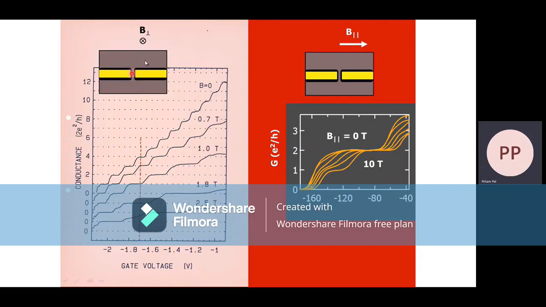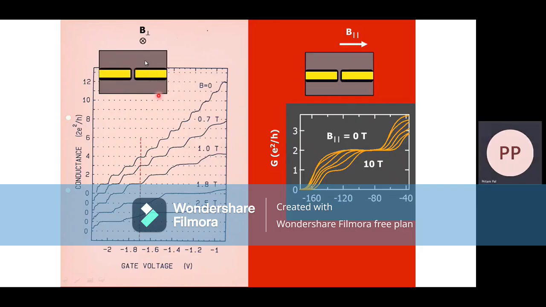It will just keep on going and skipping in circles in some direction, like that. So the likelihood of backscattering is suppressed by a magnetic field that is applied perpendicular to the two-dimensional electron gas, right?